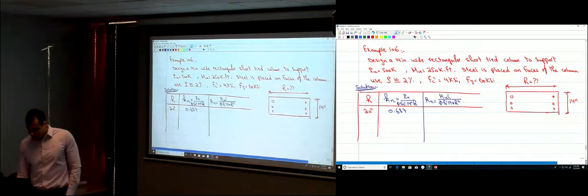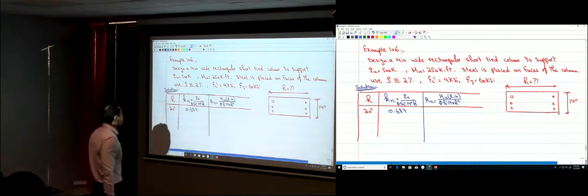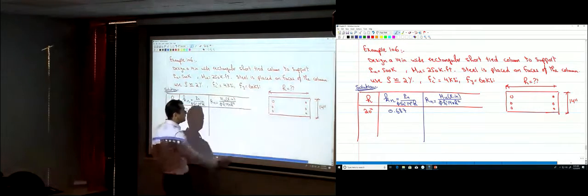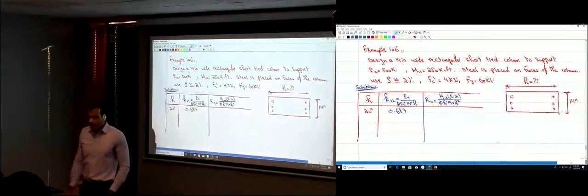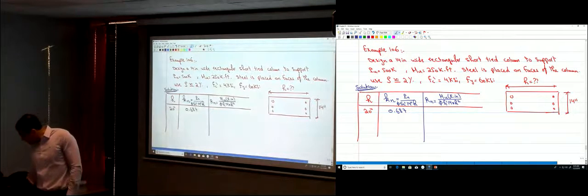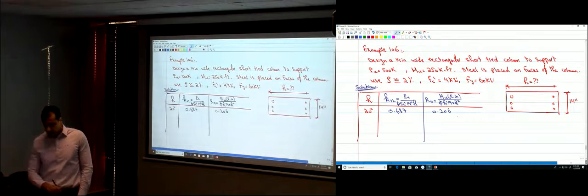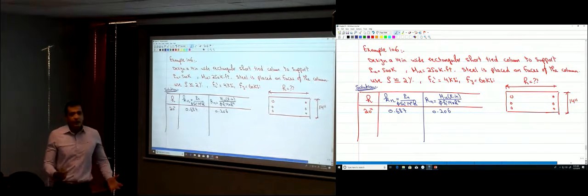M ultimate has to be in kips inch, so just change it to kips inch, the value that you have here just multiplied by 12. Okay? So Rn would be equal to 0.206.